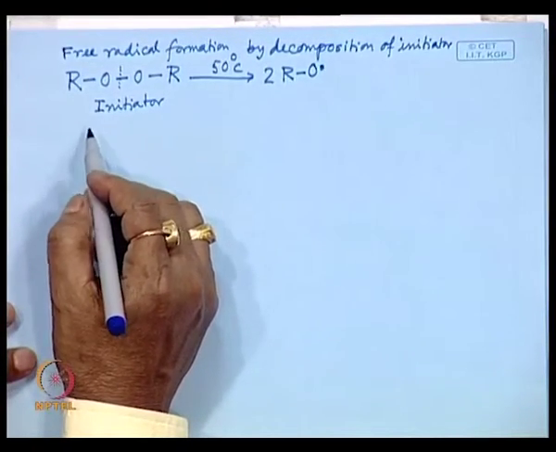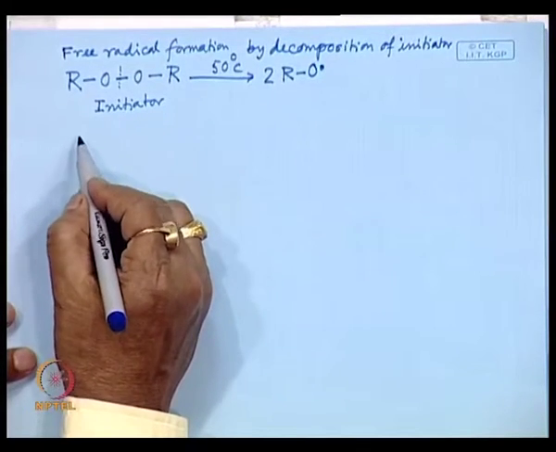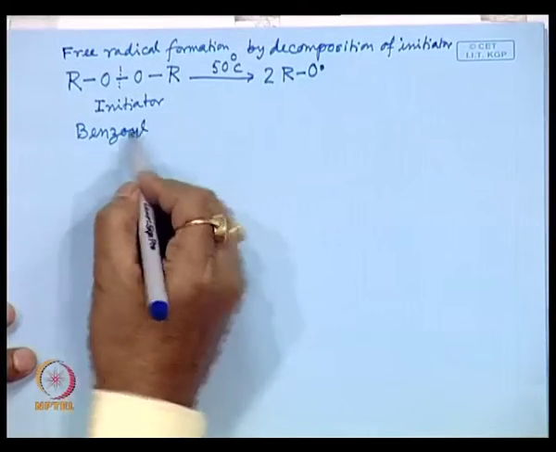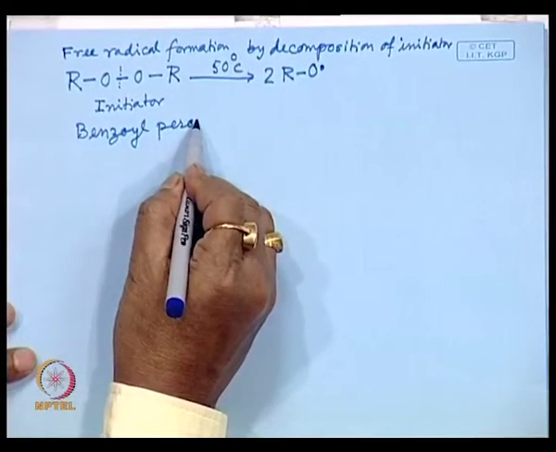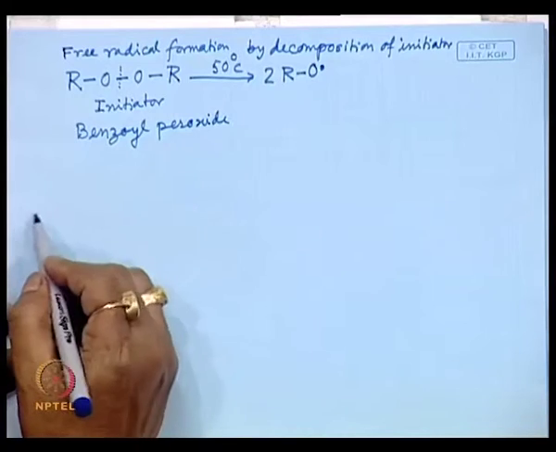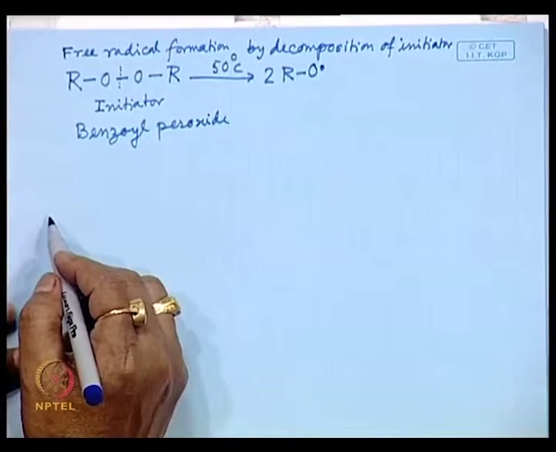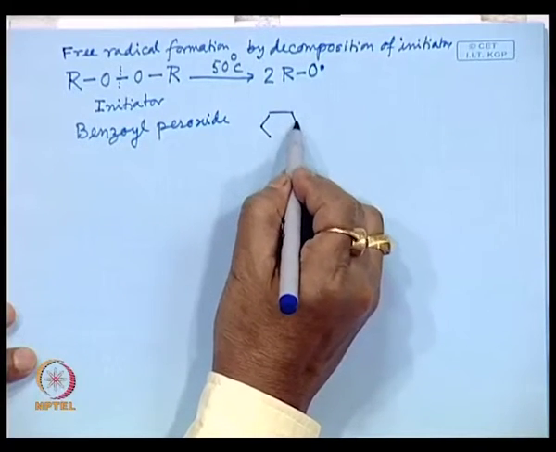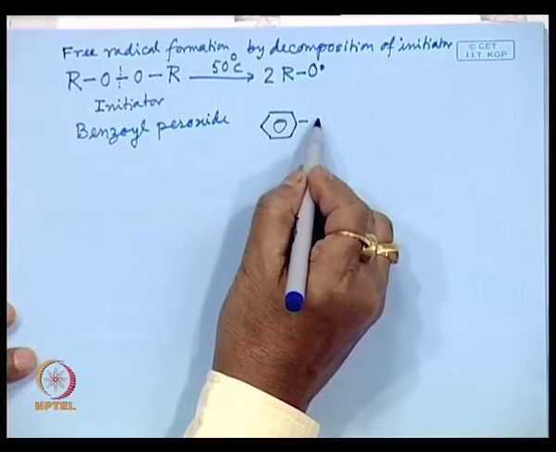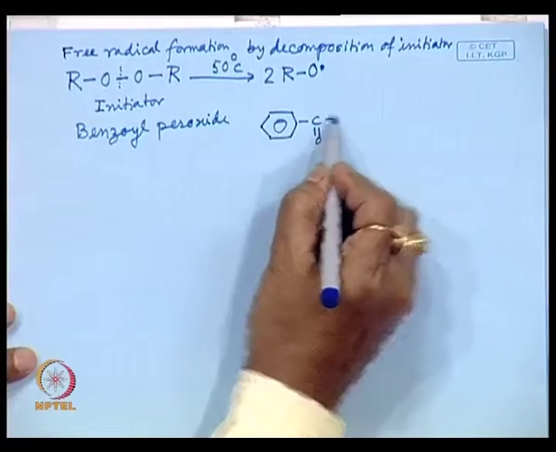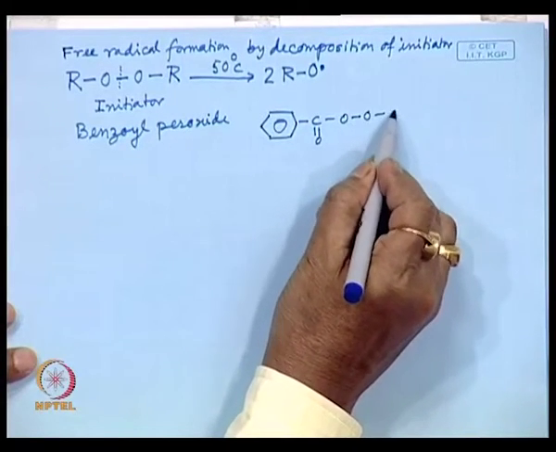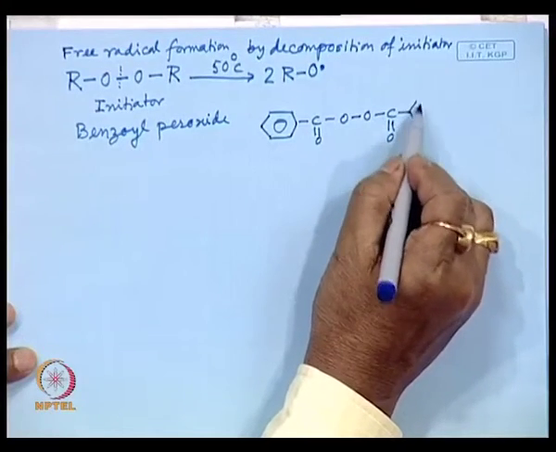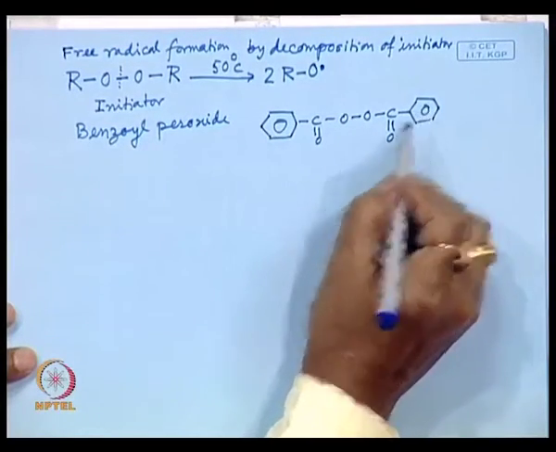A typical example of this initiator may be benzoyl peroxide. What is the formula of benzoyl peroxide? Is it okay?